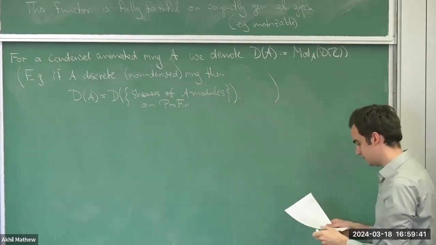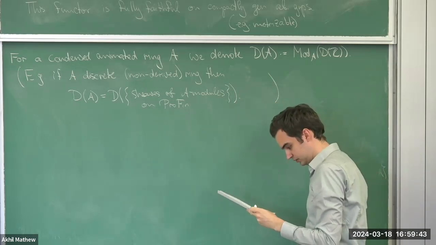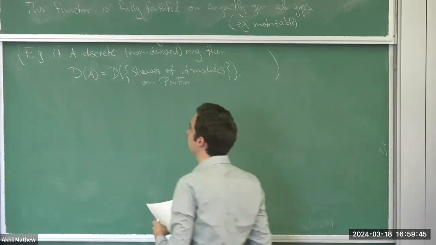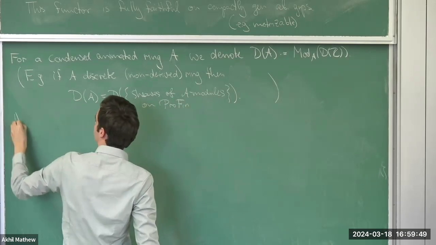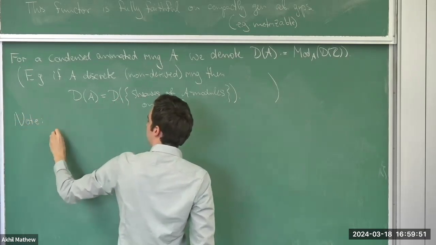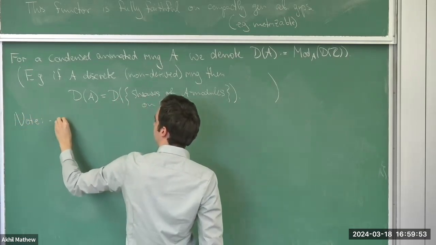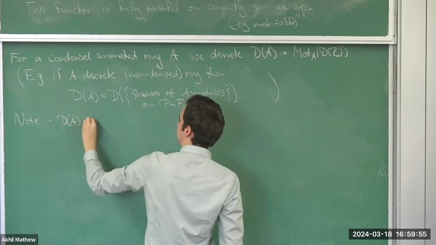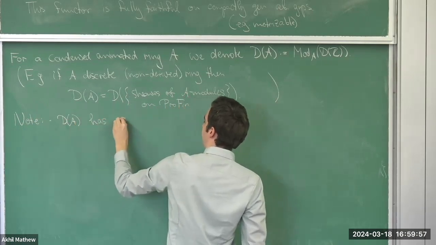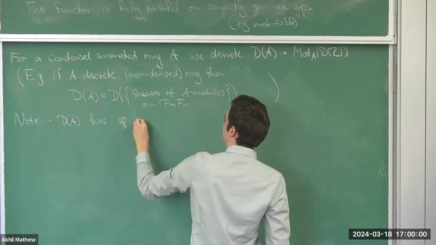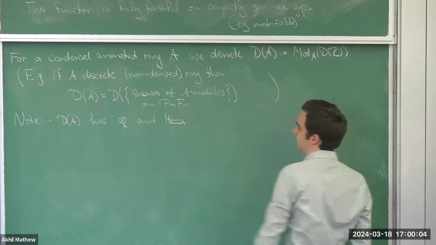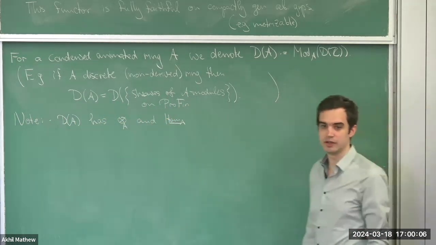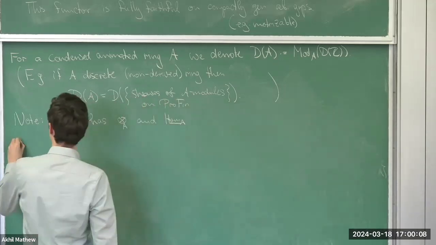Notice two things. First of all, D(A) has a tensor product and an internal Hom. That's true for any sheaves on any site.